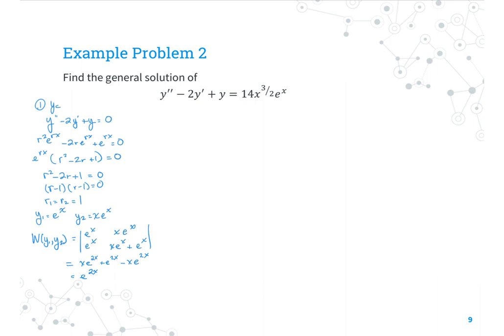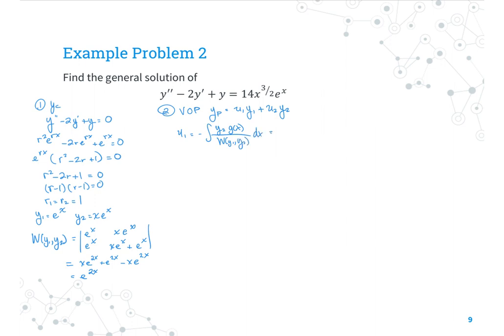Then we have to move into our variation of parameters. So we know that our particular solution, yp, is u1 y1 plus u2 y2. So we know then also that u1 is equal to the negative integral of y2 times our forcing function g of x over the Wronskian of y1, y2 dx.